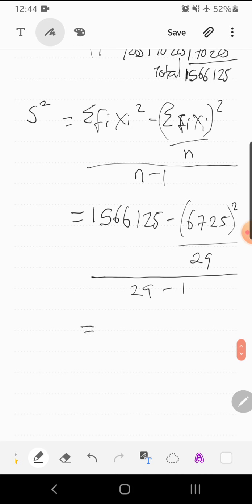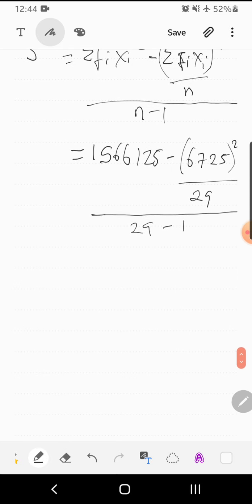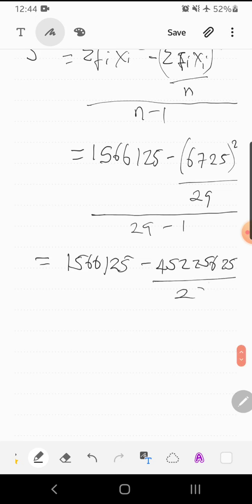This will give you 1566125 minus 45225625 over 29, and 28 there.